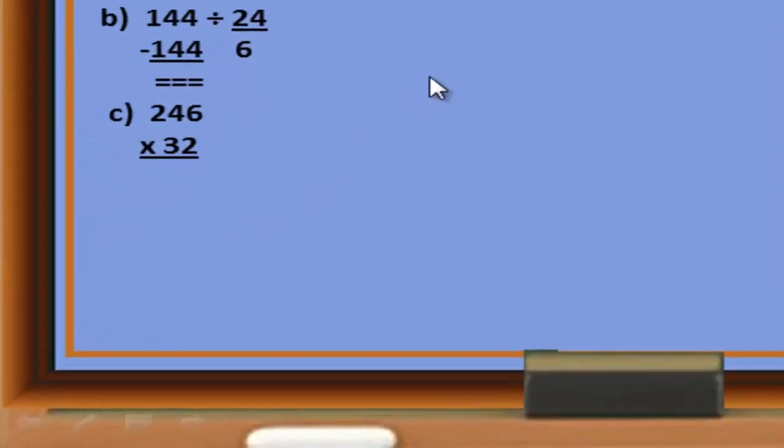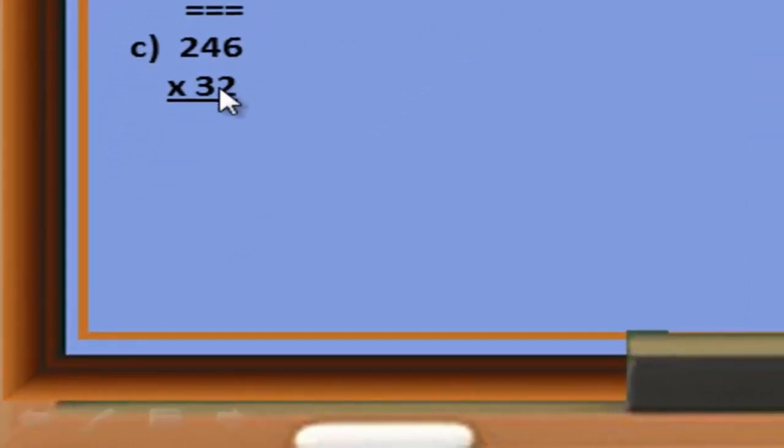The next is C. 264 times 32. 2 times 6 is 12. We write 2 and we put here 1. 2 times 4 is 8 plus this one is 9. 2 times 2 is 4. 3 times 6 is 18.